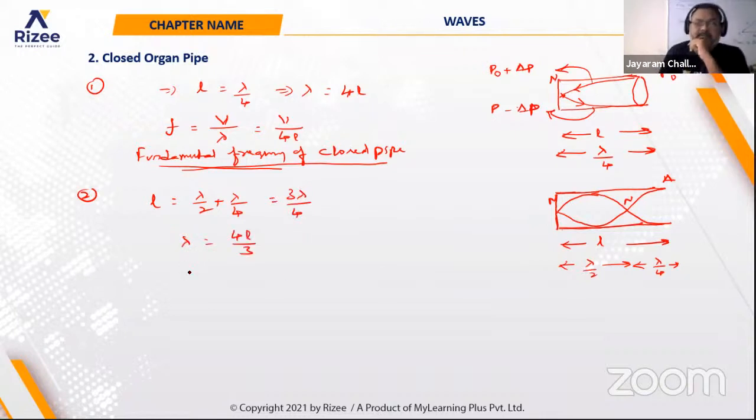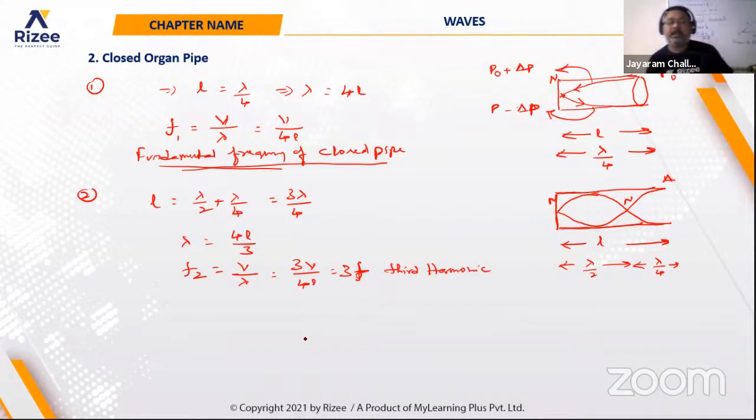In this way, the frequency F2, where F1 is your fundamental frequency, if I substitute in V by lambda, is going to be 3V by 4L, which is equal to 3 times the fundamental frequency. This is called your third harmonic. Since you don't have the even harmonics here, after V by 4L it will be 3F. So it's called the third harmonic and your first overtone.